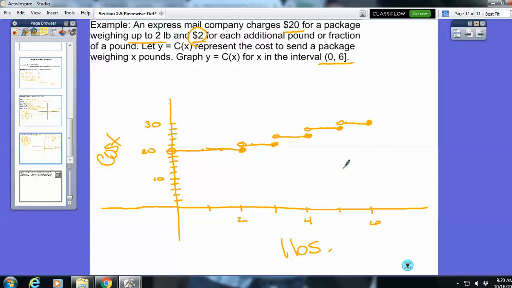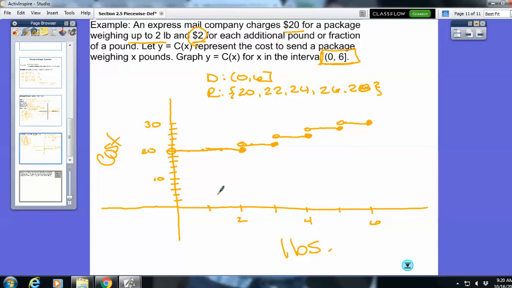What's the domain of this graph? Well, except this one we didn't really continue, did we? This one only went from 0 to 6. Kind of tricked you there. So my range in that interval, we only hit 20, 22, 24, 26, and 28, because I'm not extending.